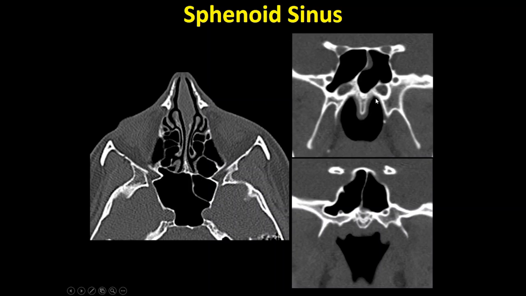Certain anatomical structures of significance along the walls of the sphenoid sinuses are: laterally, you have the foramen rotundum. Inferiorly, you have the Vidian canal. And superiorly and laterally are the optic canals separated by the anterior clinoid process.